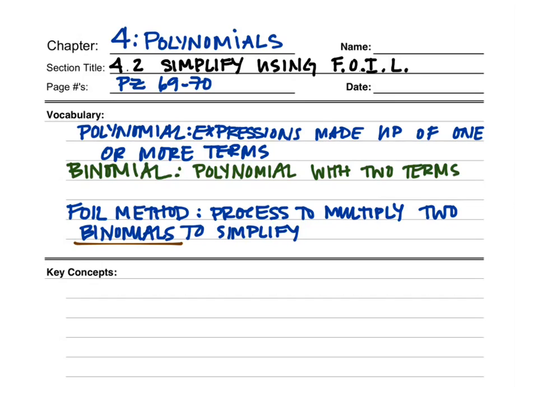So we're looking at taking 2 specific binomials, so that could be x plus 3 and x minus 9. And how would I go about multiplying these? This is just an example of multiplying 2 binomials. That's the question that we're posed, and we're asking ourselves, how would we go about simplifying this?